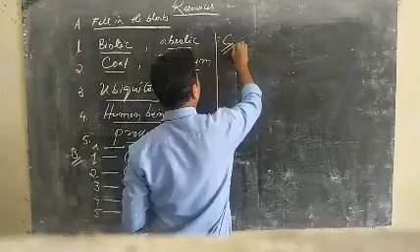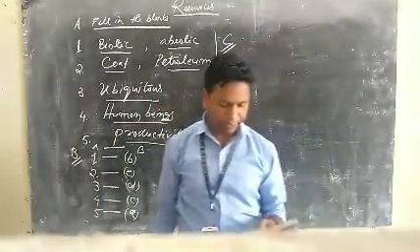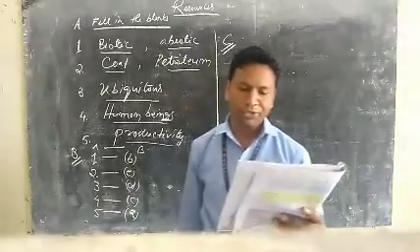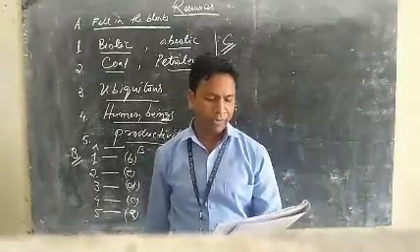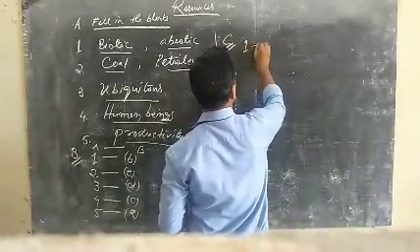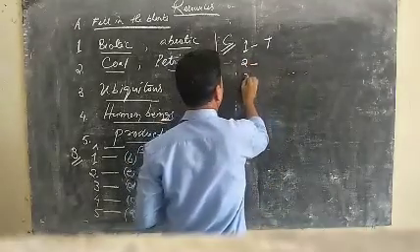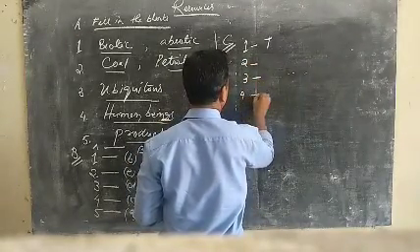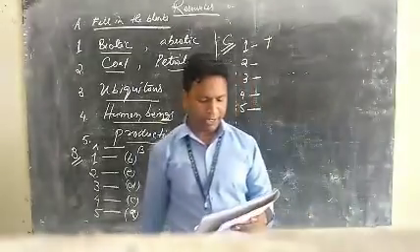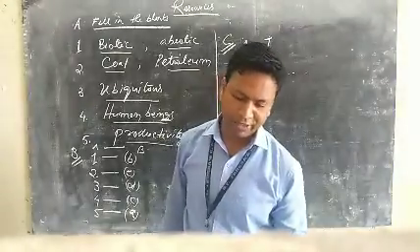Number C, we have the true and false. Question number 1: the continuous rise in population has increased the demand for resources at a rapid rate. So this one is true. Number 2: any country that wishes to progress must take care of its own human resources.